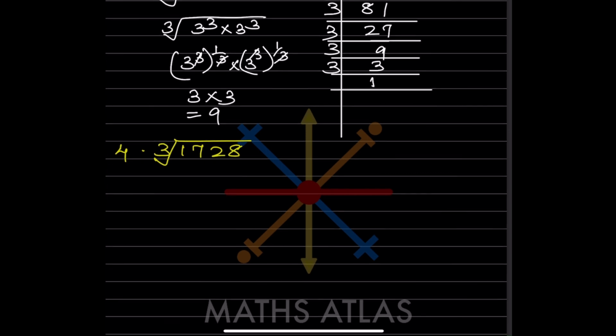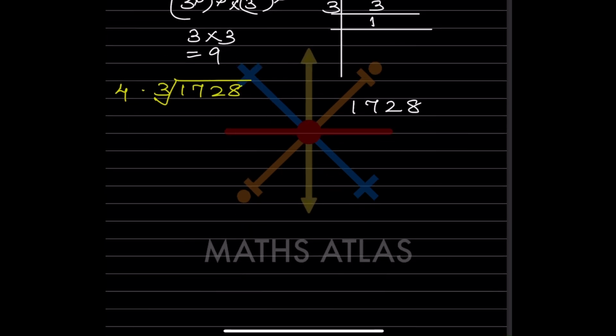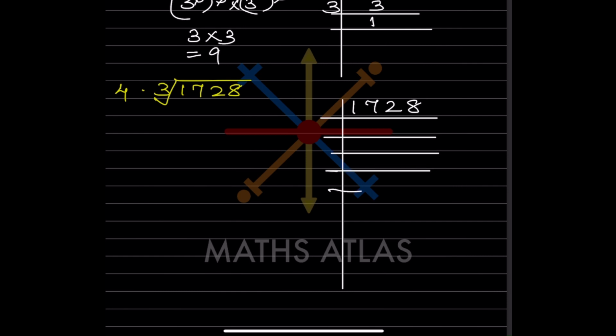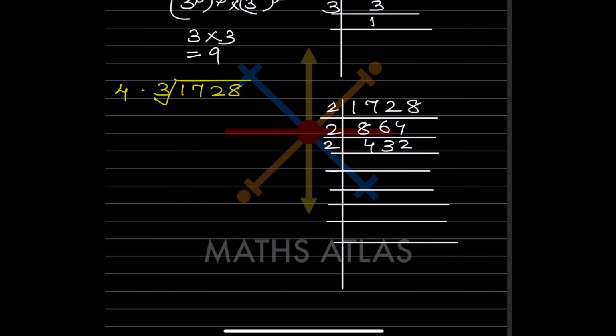So now let us write for 1728. So this will go with 2. Again this goes with 2.